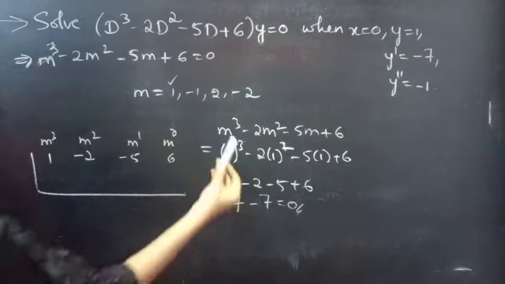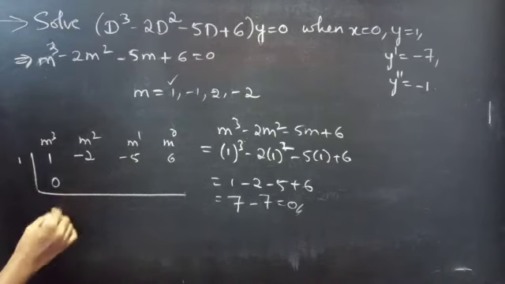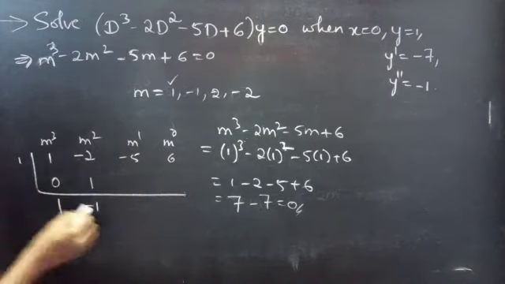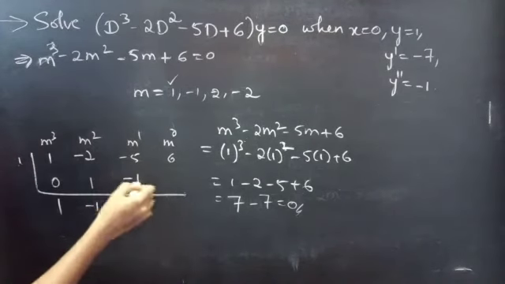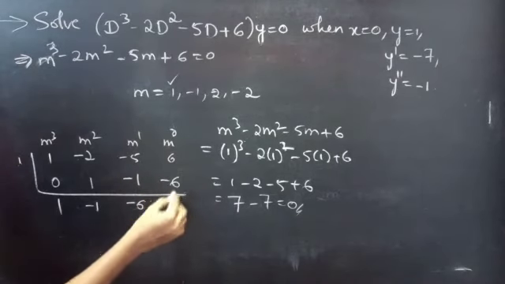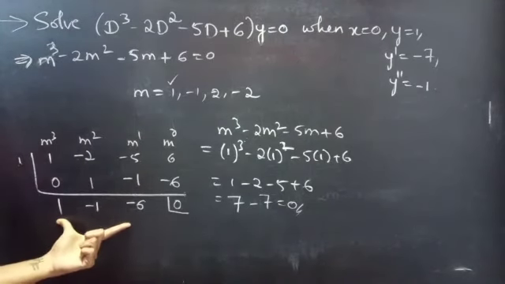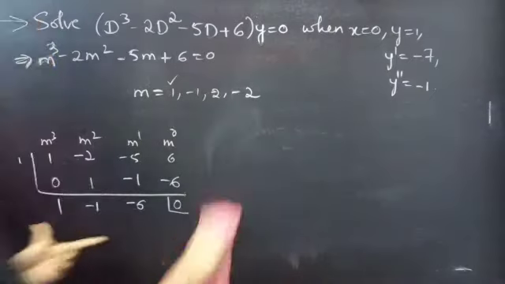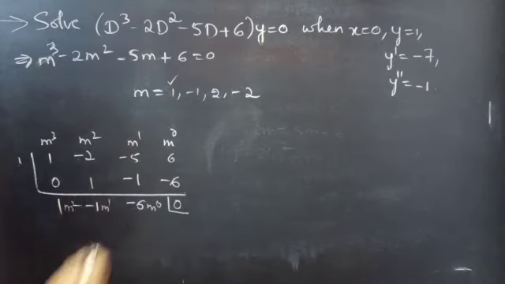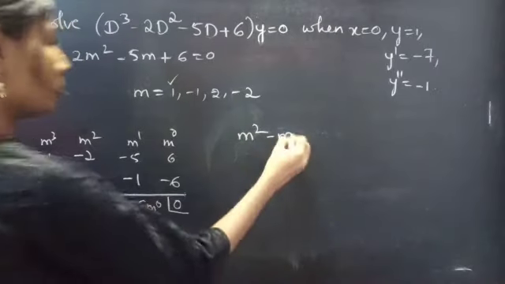So now for m equals 1: 1 plus 0 is 1, 1 ones are 1, minus 2 plus 1 is minus 1, 1 into minus 1 is minus 1, minus 5 minus 1 is minus 6, 1 into minus 6 is minus 6, 6 plus minus 6 is 0, right? Now, the next polynomial is m square minus m minus 6.